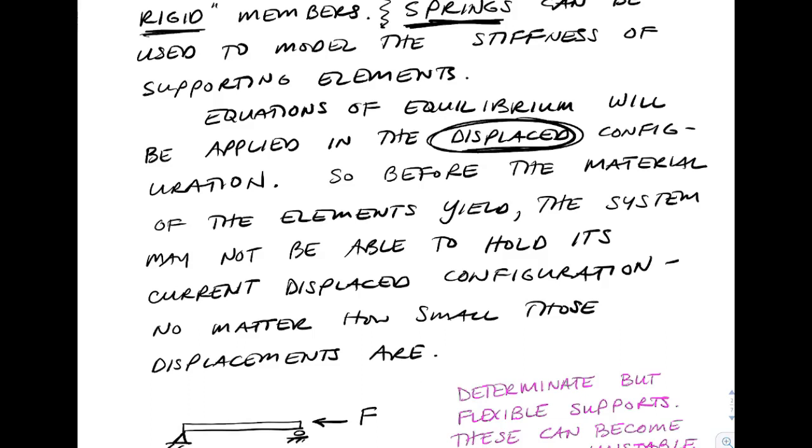Before the material elements yield, we may end up with a system that can't hold its current displaced configuration, and that does not depend on the size of the displacement. Even something extremely small will become unstable.